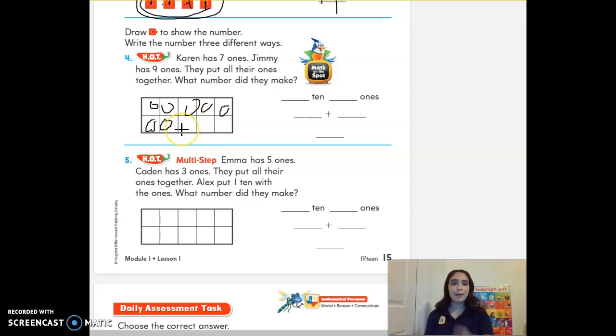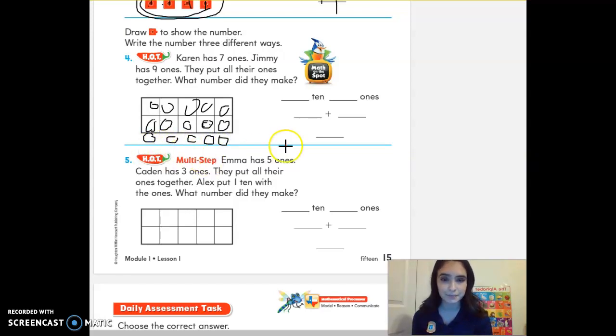Okay, but I want to complete my 10 frame. So I'm going to include Jimmy's 9. Okay, I'm going to add 1, 2, 3. Okay, I ran out of space, but that's okay. That means I'm going to draw the rest of the ones under this 10 frame. So that's 3, 4, 5, 6, 7, 8, and 9.